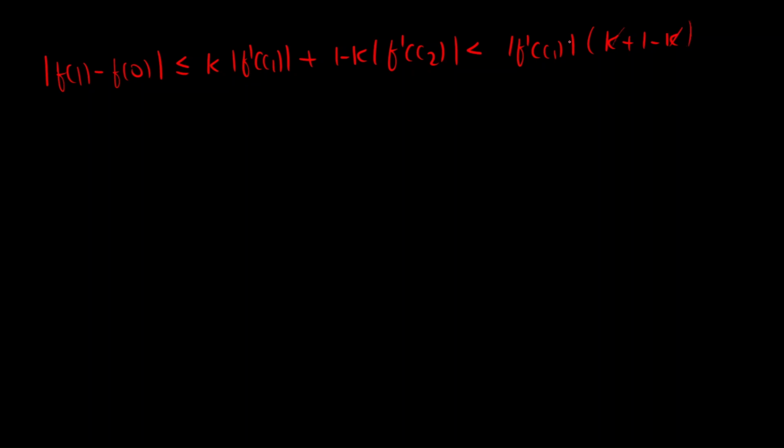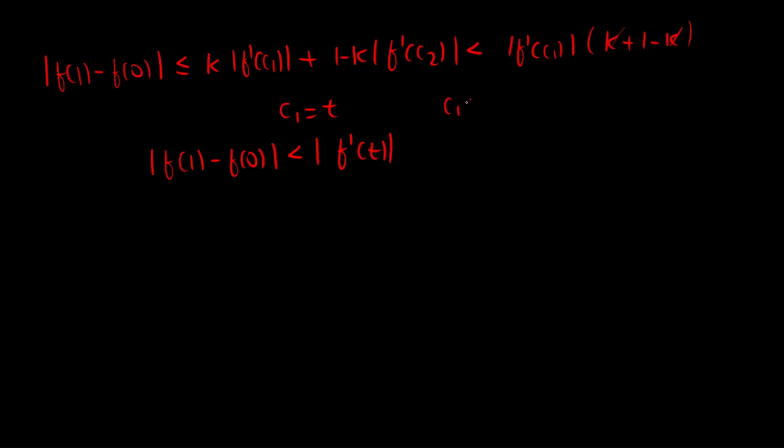The k will get cancelled and we'll be left with less than f dash of c1. Now what we'll do is we'll call c1 equal to t and we'll get that mod of f of 1 minus f of 0 is less than mod f dash of t.